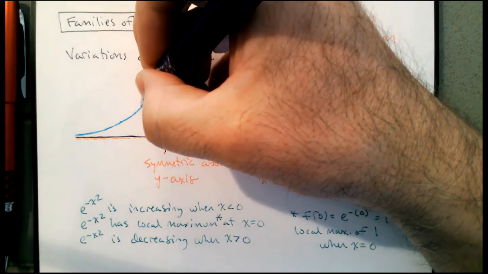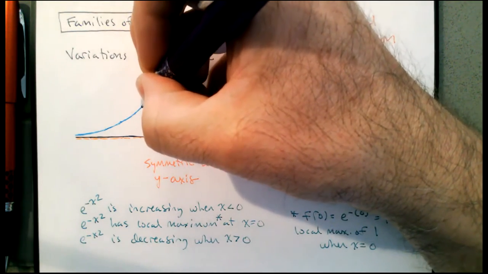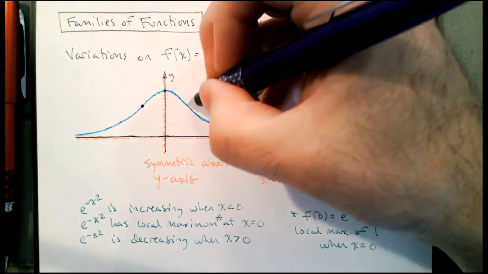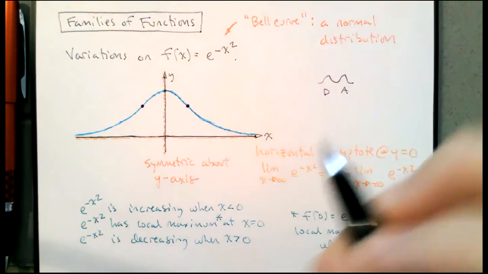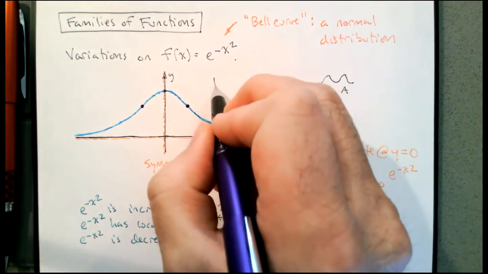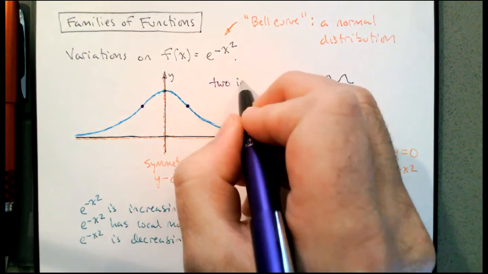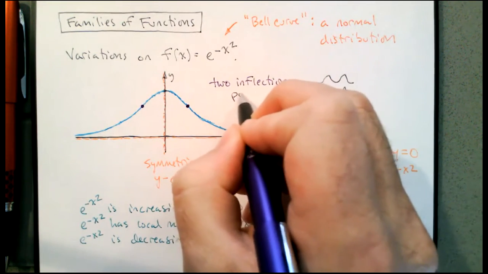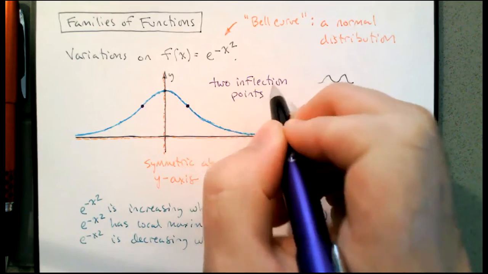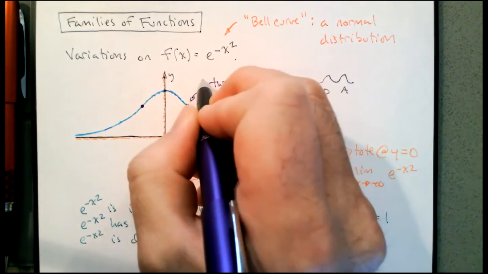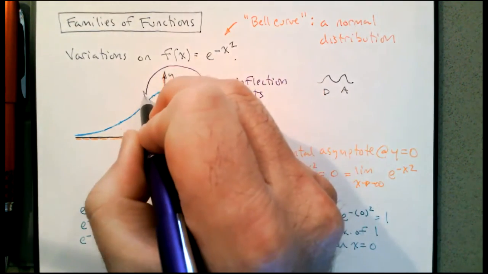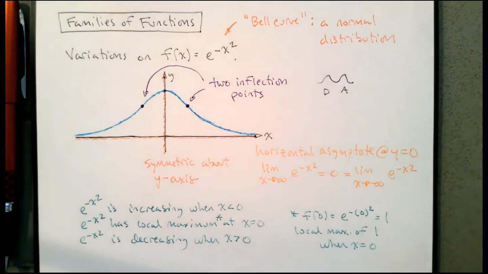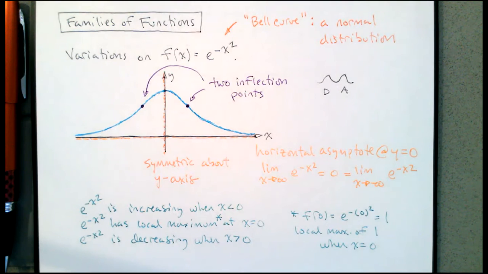It's hard to pinpoint where the inflection points are, but they're about right there. And because the graph is symmetric, we expect them to be at opposite x values.